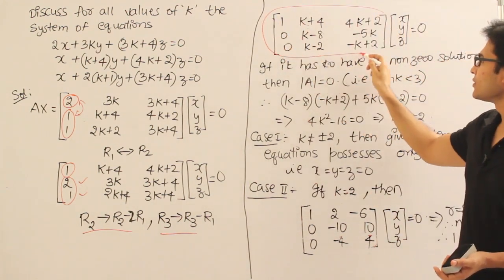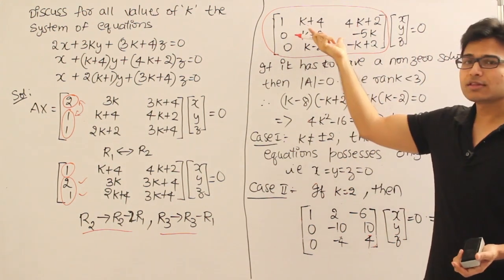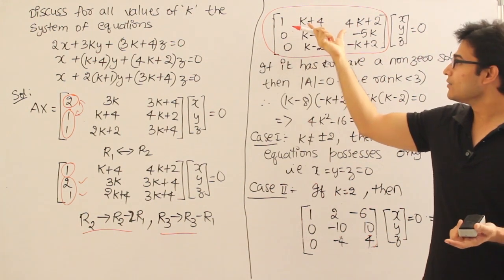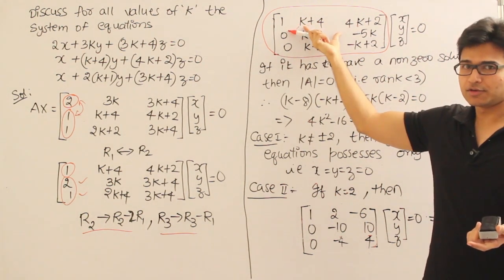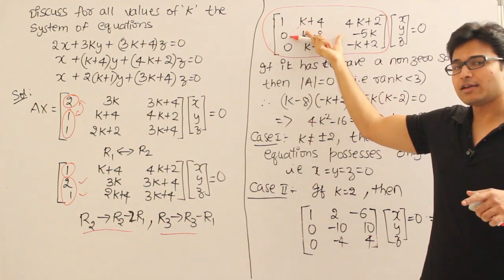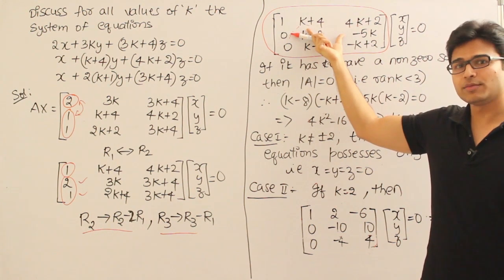Now we know that if the determinant of this one is not equal to 0, it is a 3 by 3 matrix, remember it. If the determinant of a 3 by 3 matrix is not equal to 0, then the rank turns out to be 3.